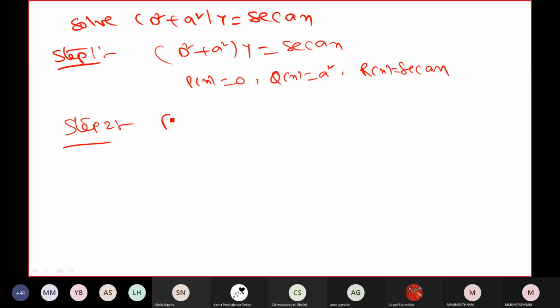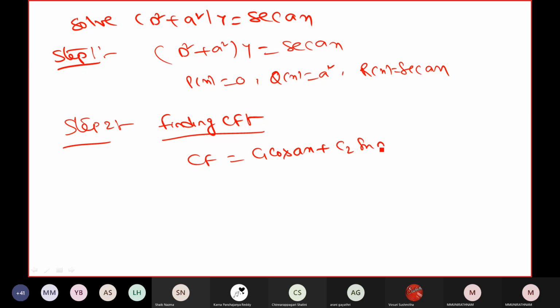So step 2, finding CF. What is CF now? You know it, right? C1 cos ax plus C2 sin ax. Did anyone do it? What is step 3? Compare CF with C1 U of x plus C2 V of x.